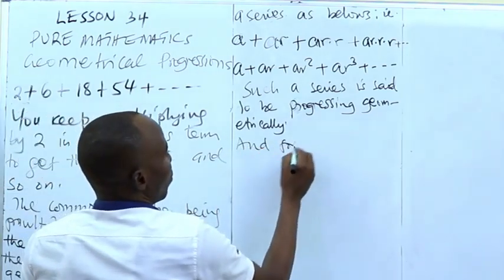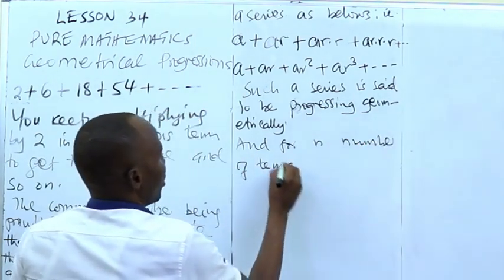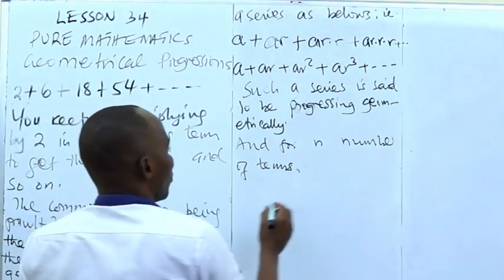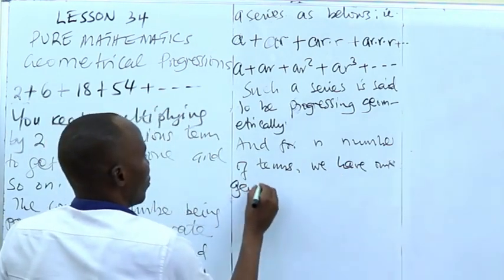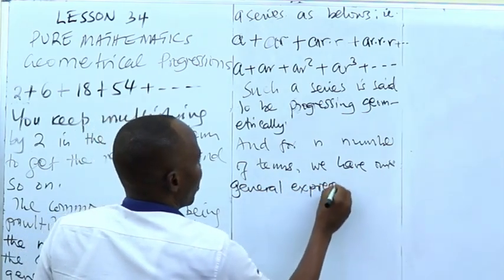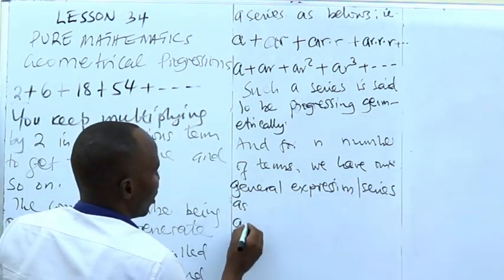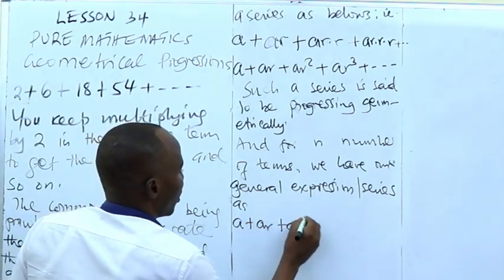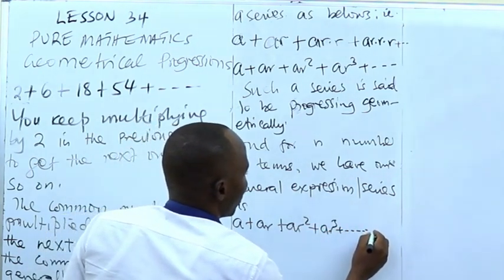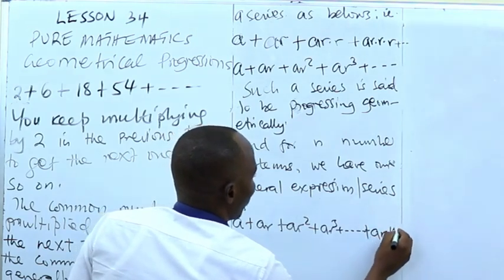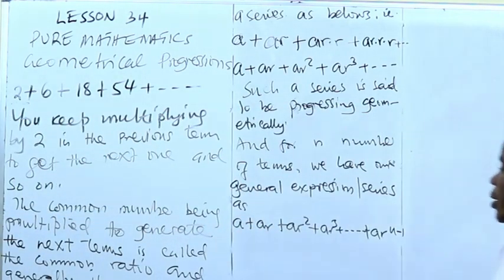And for any number of terms, we have our general expression, or our general series, as A plus AR plus AR squared plus AR cubed, up to plus AR to the power n minus 1.